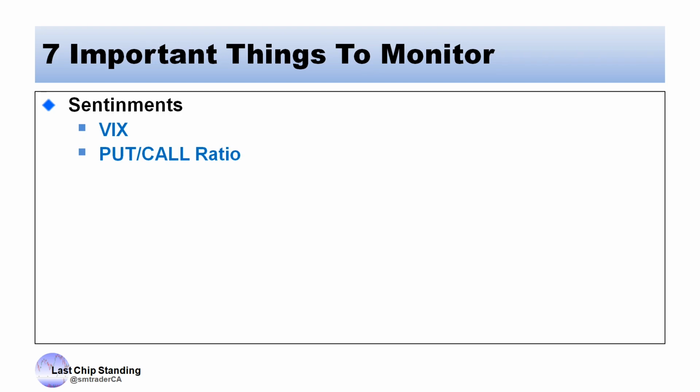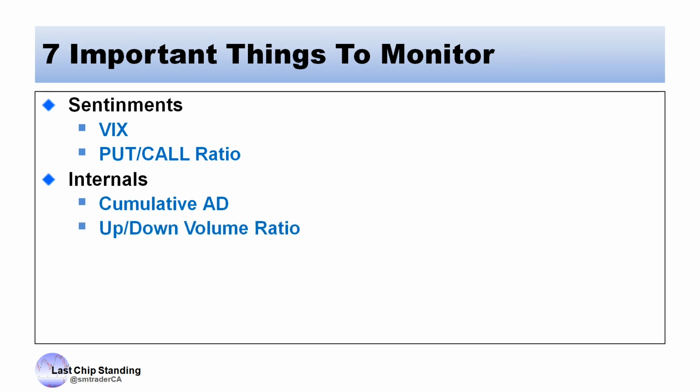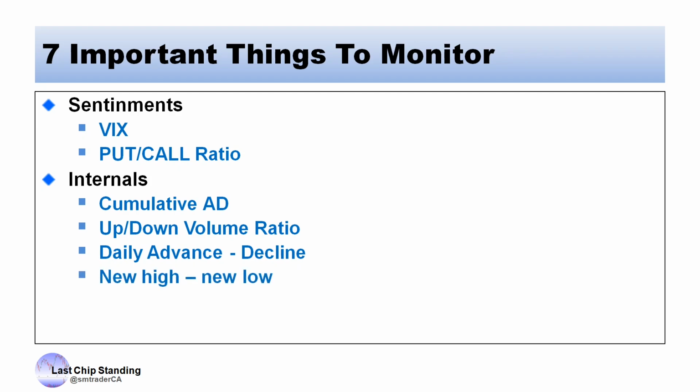And to monitor the strength of the market, we watch the market internals: the cumulative advance decline, or the AD line, for potential change in market direction; up-down volume ratio to gauge the buying strength or the selling pressure; the daily advance and decline to see how broad is the rally or the sell-off; and new high, new low tell us how strong or how weak the market is at pivot high or pivot low, respectively. And finally, confirmation. Are all the indexes moving in unison?